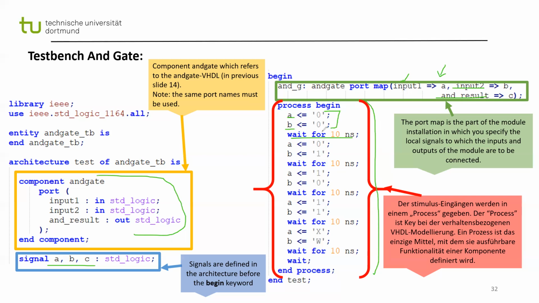We gave them different values, then different values, and waited for 10 nanoseconds. We finally waited one last time, and we ended the process, and we ended the architecture declaration.